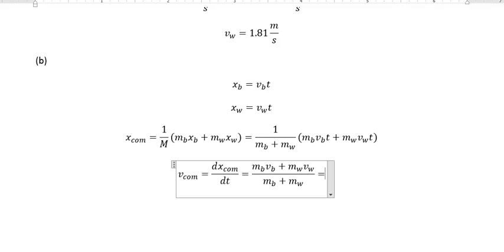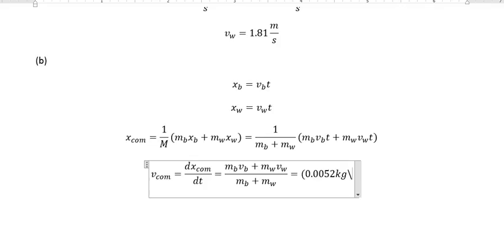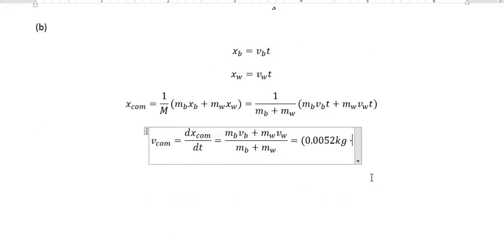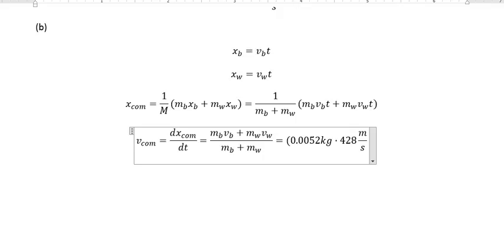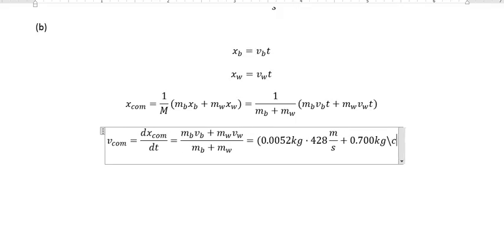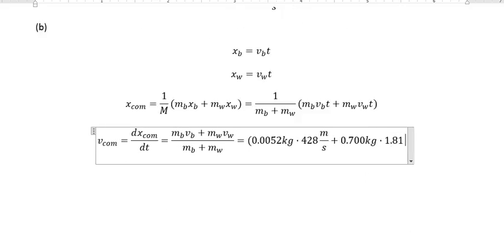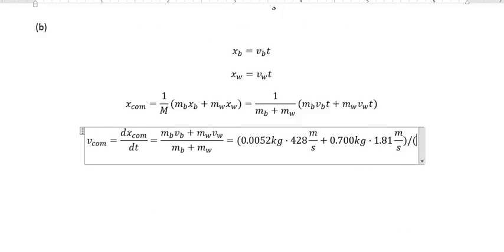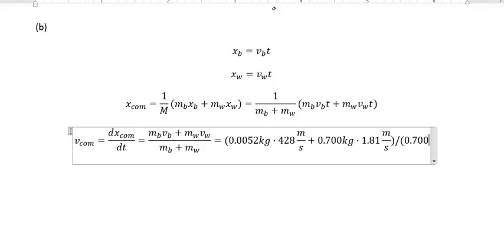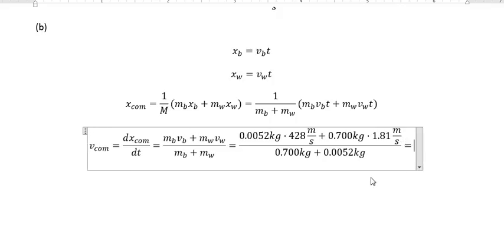We put in the numbers. 0.0052 kilograms times 428, right? Plus 0.70 kilograms times 1.81, divided by 0.700 kilograms plus 0.0052 kilograms, right?